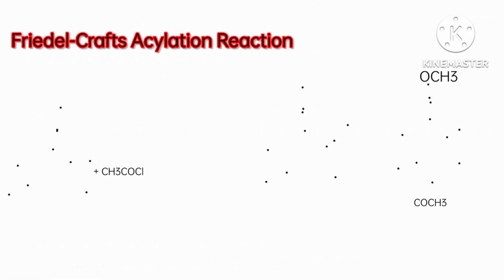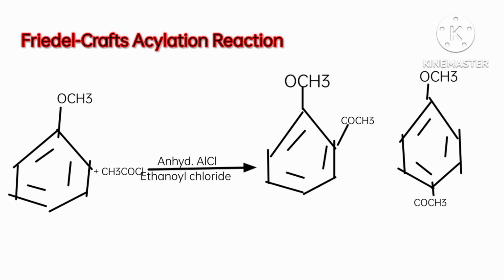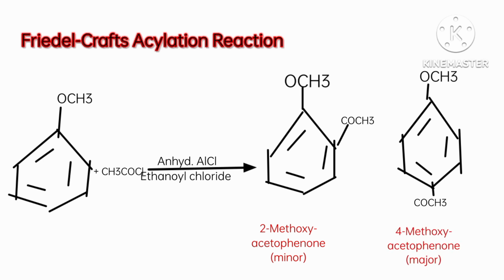The second reaction created by Charles Friedel and James Crafts is acylation. This reaction involves the acylation of anisole with an acyl chloride in the presence of anhydrous aluminum chloride as a catalyst. So our ortho is 2-methoxyacetophenone minor product and our para is 4-methoxyacetophenone major product.